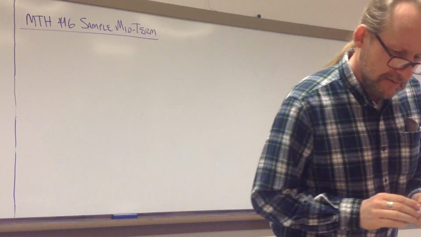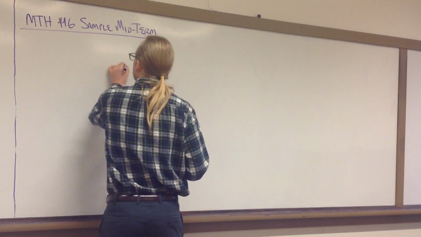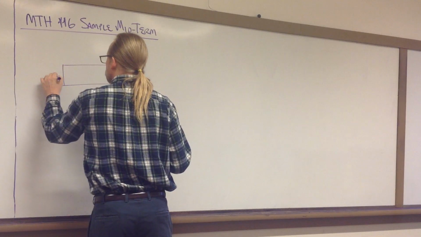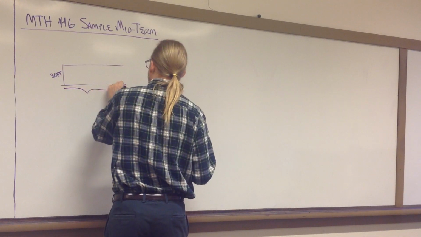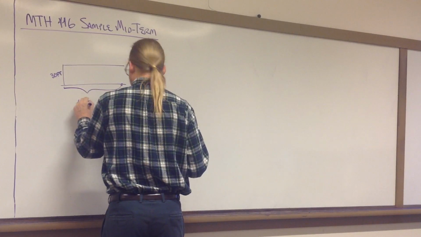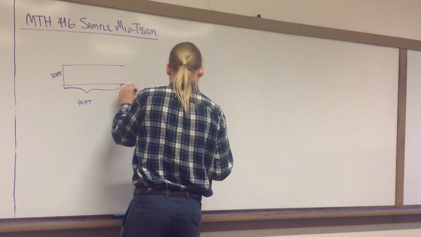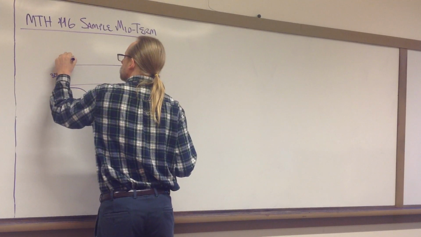All right, problem 9. We've got this handy little diagram. The street, that is 30 feet. Then down here, 40 feet. This is the water line. And then over here is a hydrant.